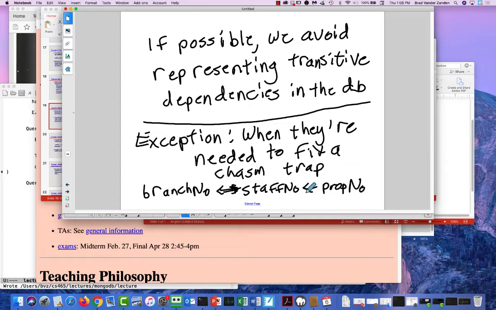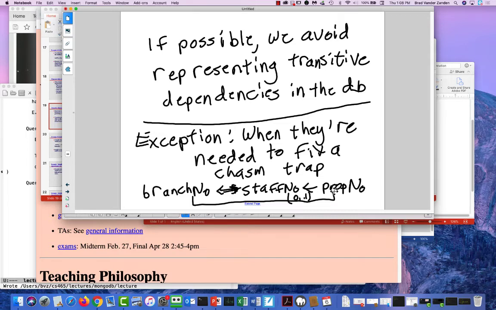So there was a 0 here in the relationship, and it caused a chasm trap. And the way we fixed it was we created this dependency that we had a branch number associated with a property number.